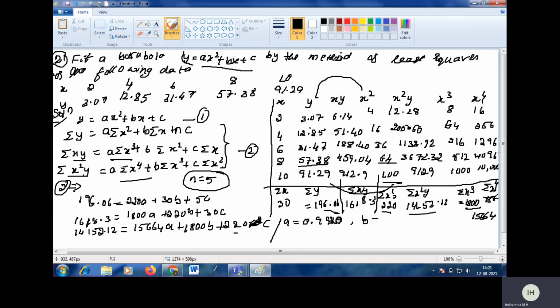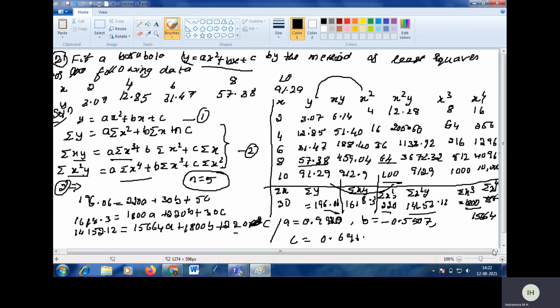Next, b is minus 0.5507. Next, c you will get as 0.696. Okay, these are the values for a, b, c.